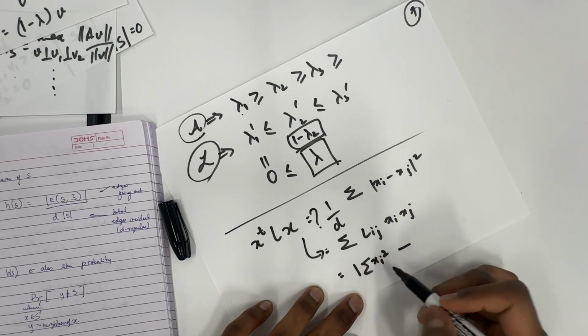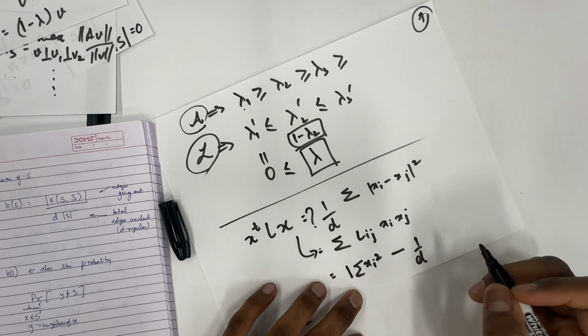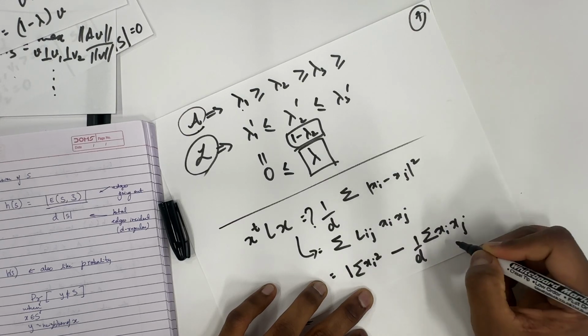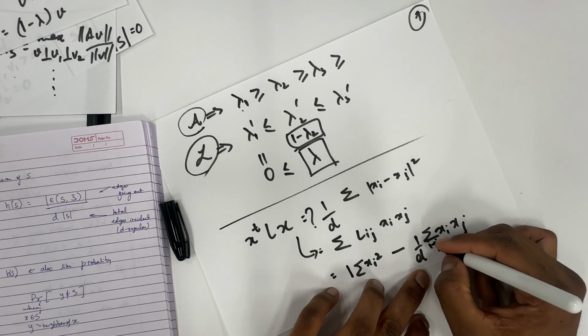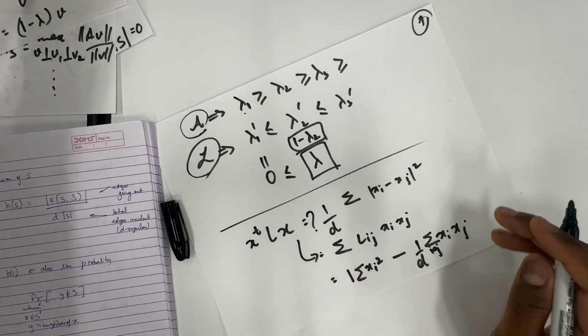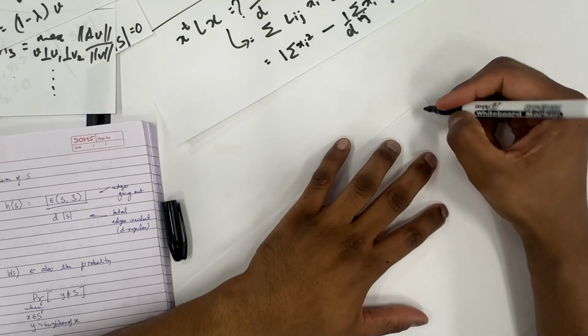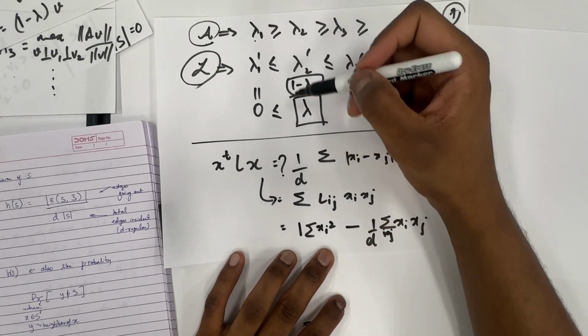Now this quantity is minus 1 over d when xi and xj share an edge, so xi xj where there is an edge between i and j. The rest, all of the other elements of the Laplacian, are 0. Think about it: Lij is 1 only on the diagonals.